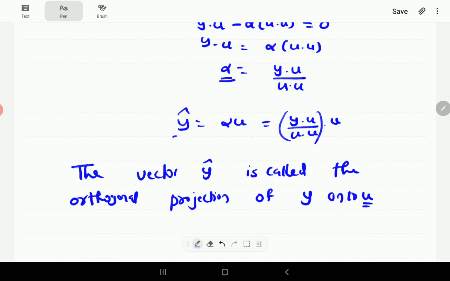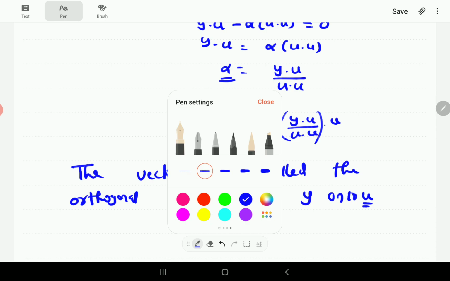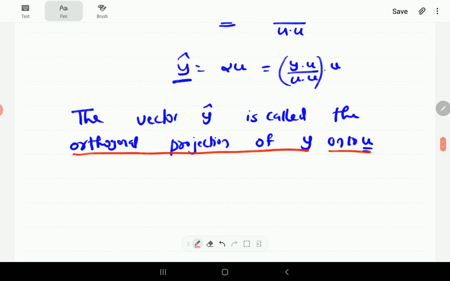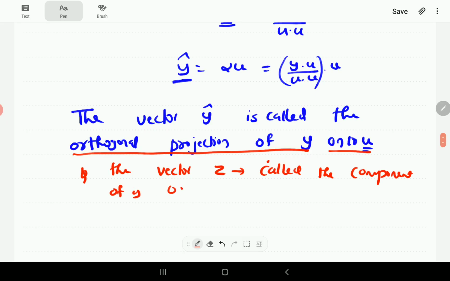And the vector z is called the component of y orthogonal to u.